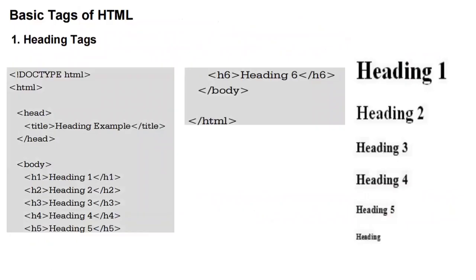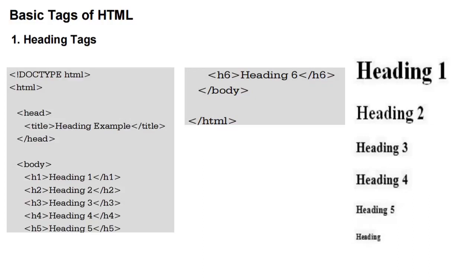Now, what are the basic tags of HTML? HTML contains a lot of basic tags that are used for general formatting or general content description. The first one is the heading tag. Each and every document should start with a heading, right? You can use various sizes for your heading. As you see here, heading 1 is the biggest and heading 6 is the smallest.